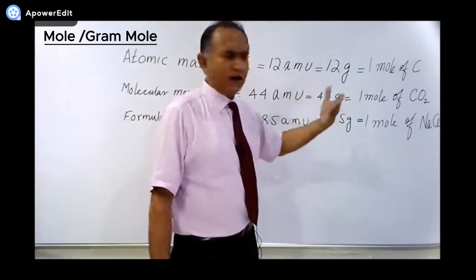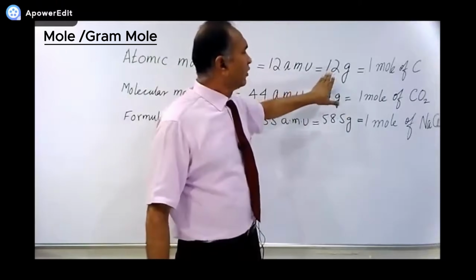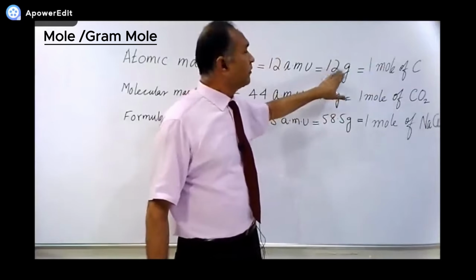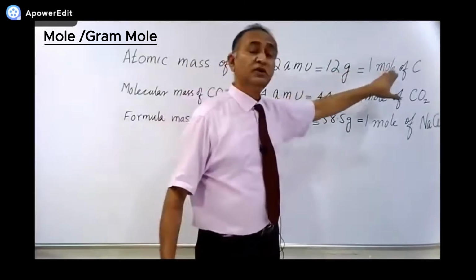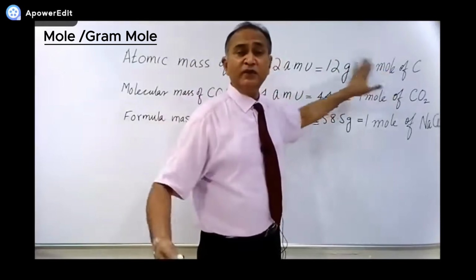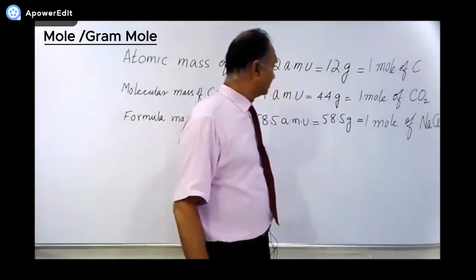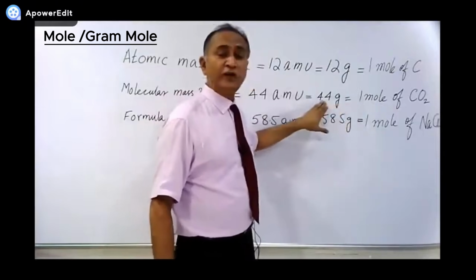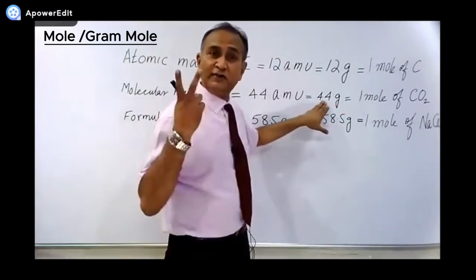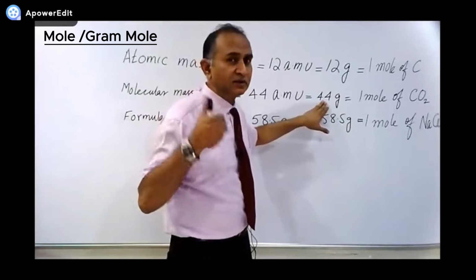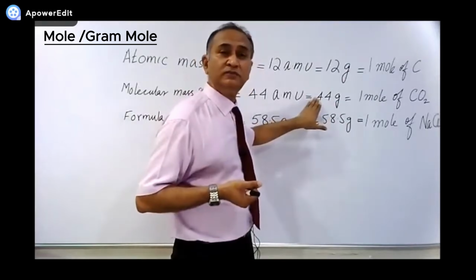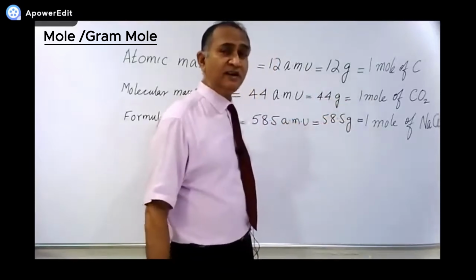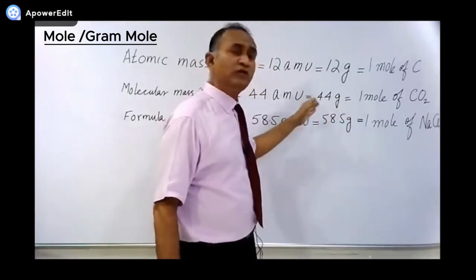Or I say in a reverse way, 12 gram makes 1 mole. Then 24 gram of carbon will make how many moles? 2 moles. 36 gram will make how many moles? 3 moles. 1 mole of carbon dioxide means 44 gram. And 2 moles of carbon dioxide means 88 gram. So if I say 3 moles of carbon dioxide, you will say thrice of this.